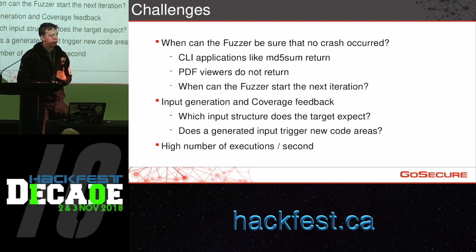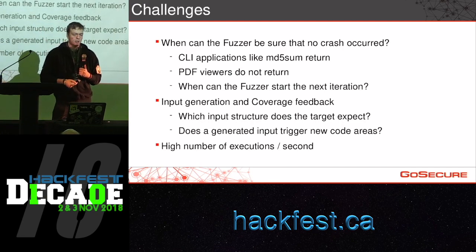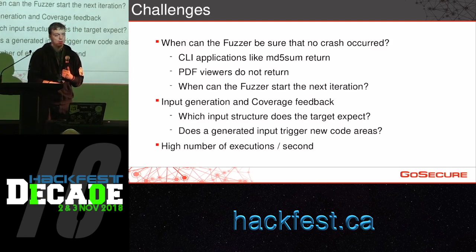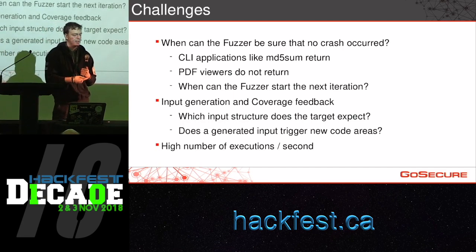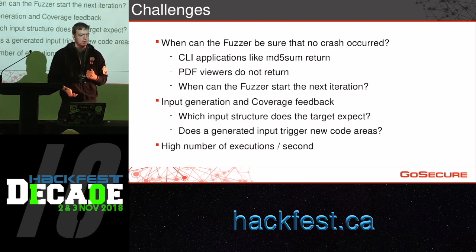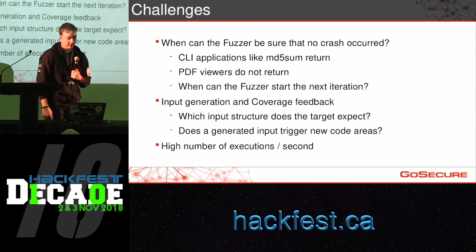So coverage feedback is going to make the program tell us, I was started with this input, and I executed these code areas. And by seeing which code areas have been executed, we can determine if code areas have been executed that we have not seen and tested yet. So we want to have code coverage feedback as well.